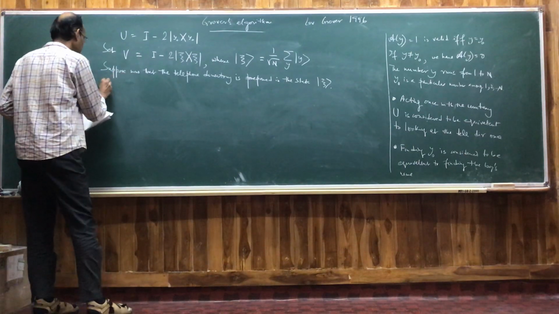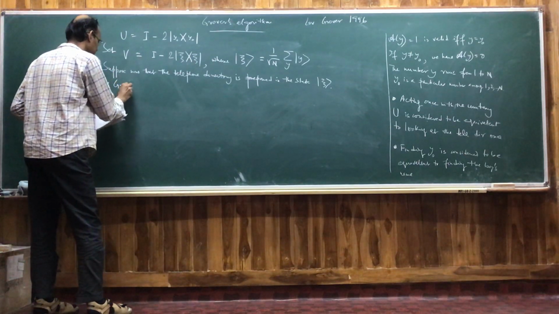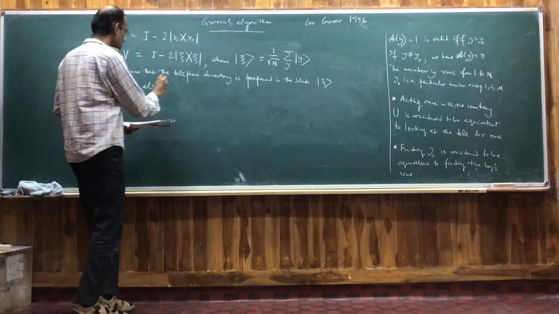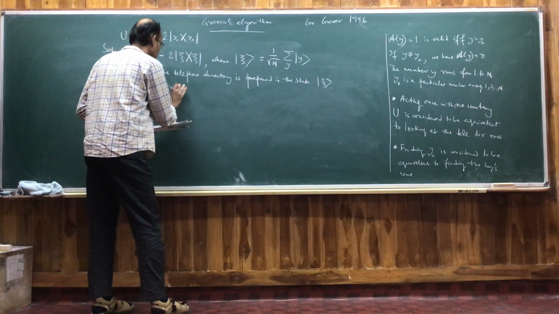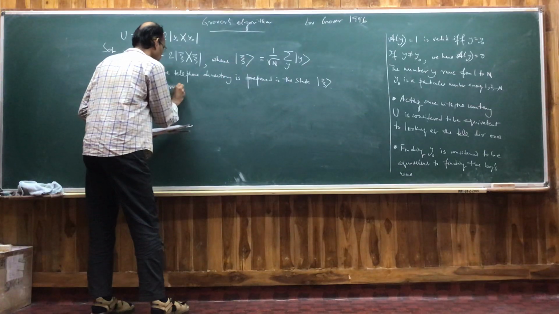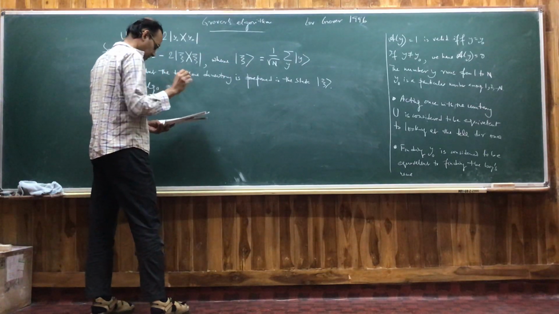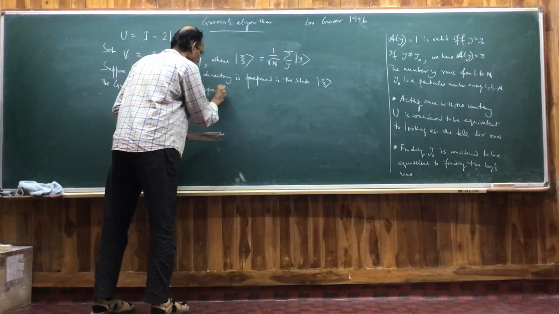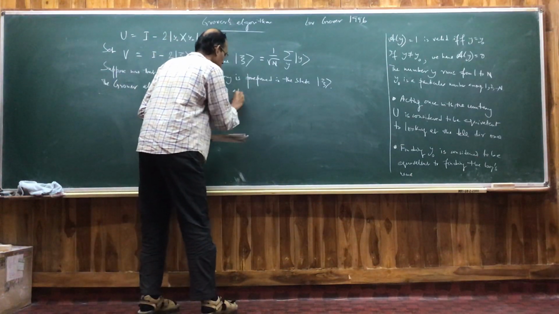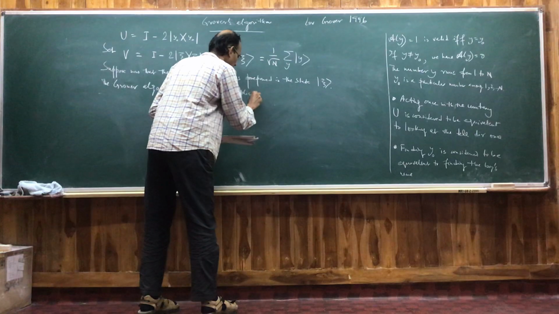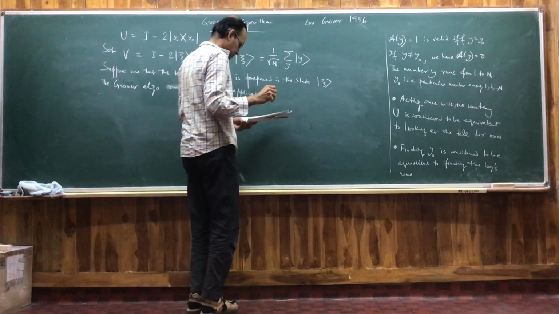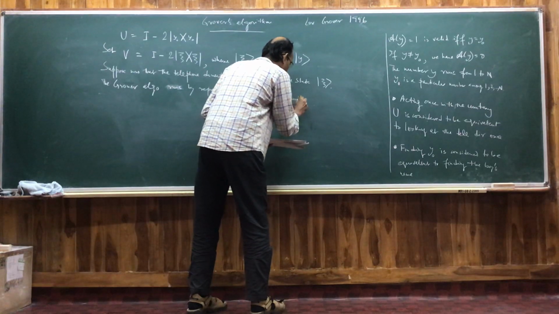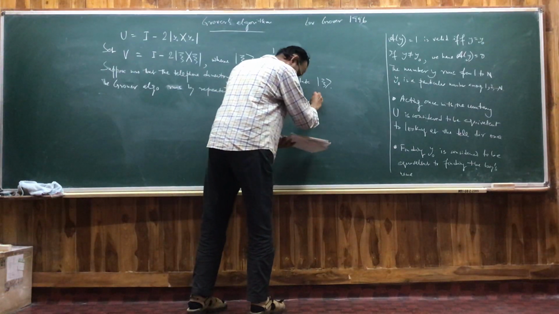The Grover algorithm runs by repeated applications of the unitary.